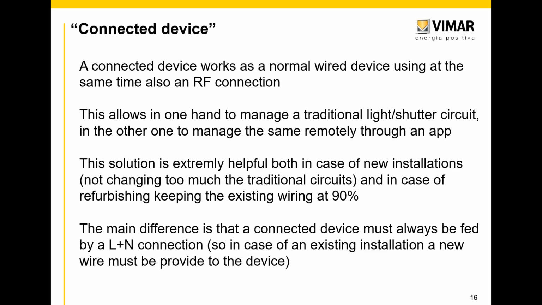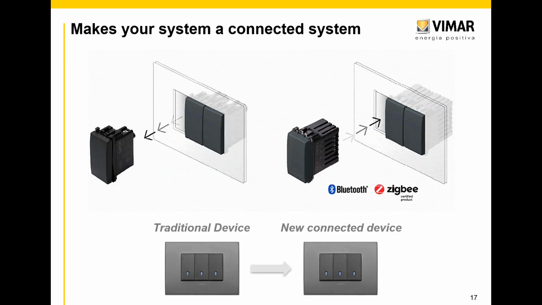So frankly speaking, in most installations it is very easy to bring an additional neutral cable to the connected device. And that's it. So really, we designed the system to be as easy and as little invasive as possible on the installation, on the hardware of your house.